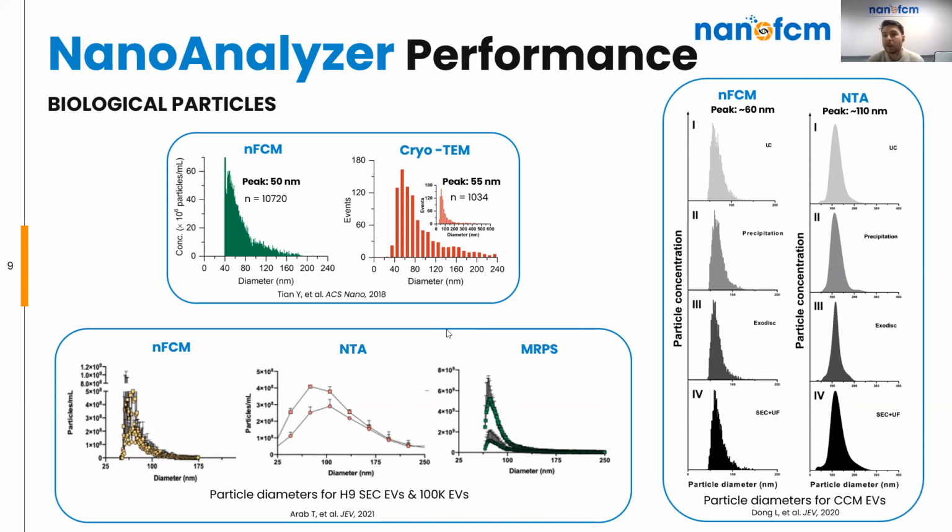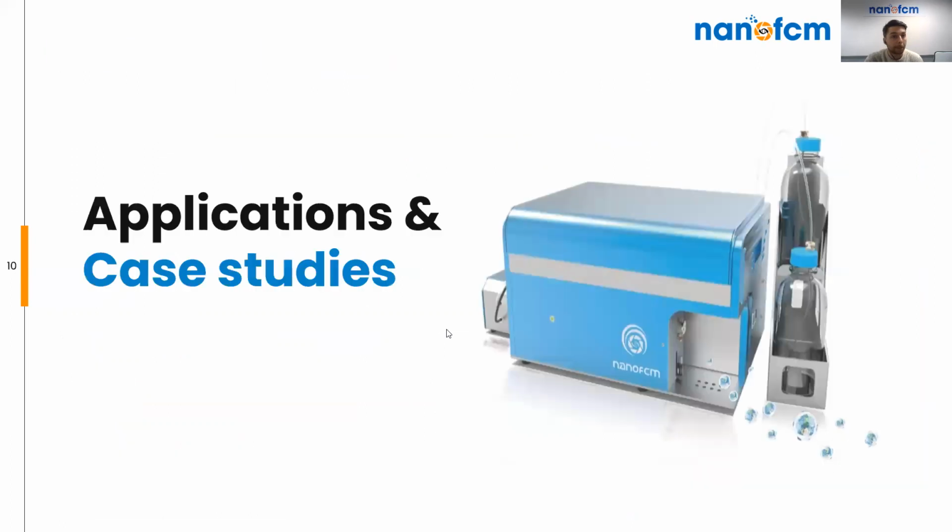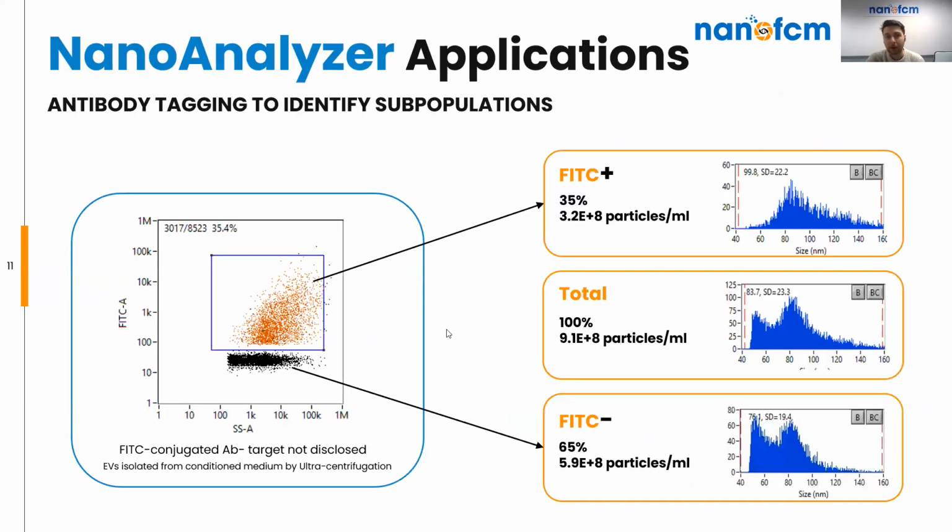We can also see the ability to identify some of the smallest of the EV populations can be really important. So accomplishing this with fluorescence identification as well has made NanoFlow an important technique when choosing your EV characterization methods. So time for just a few case studies.